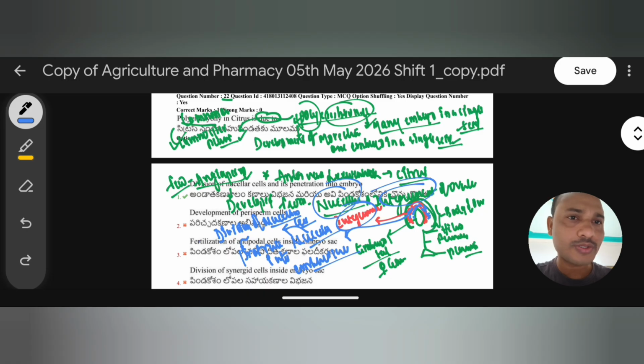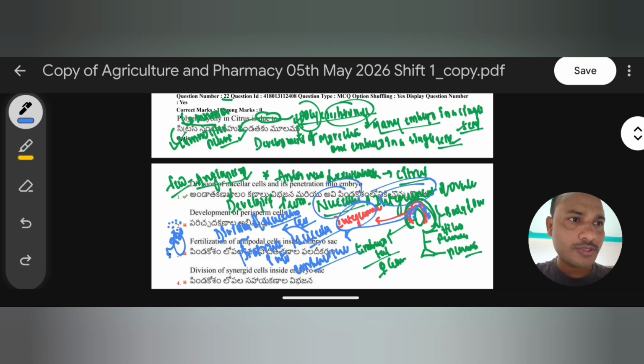For example, this is the embryo sac, and here we have various nucellus cells. Among the number of nucellus cells present, some undergo rapid division. Then the divided nucellus cells protrude into the embryo sac like this.